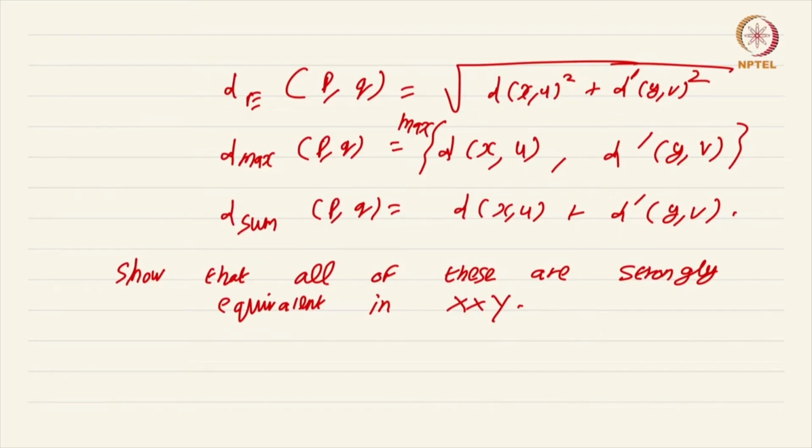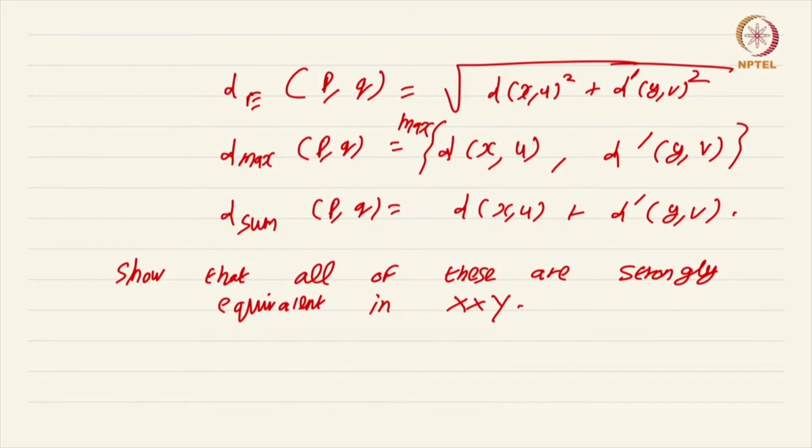It turns out that all three of them are strongly equivalent. So from the perspective of studying sequences, continuity, Cauchy sequences, completeness, etc., all of these metrics can be used interchangeably, and we will use that metric which is most convenient for the situation.